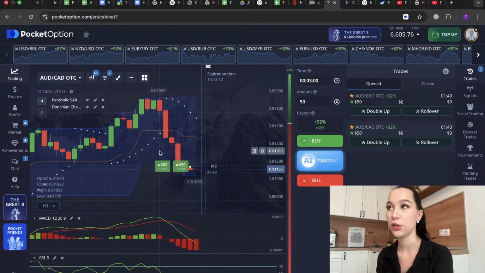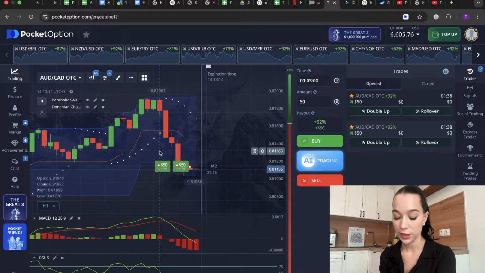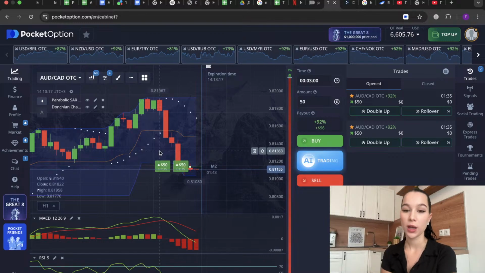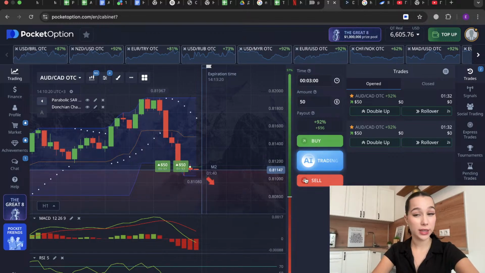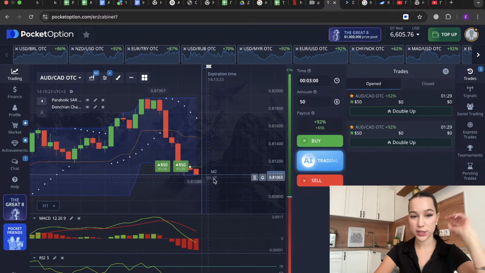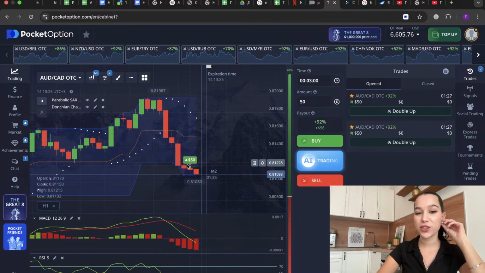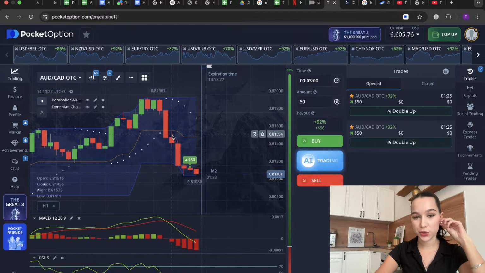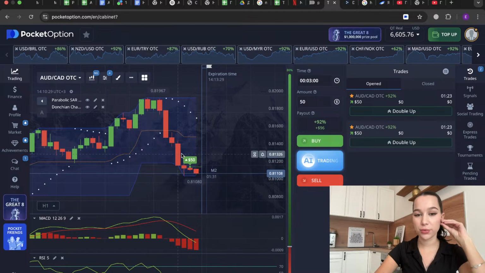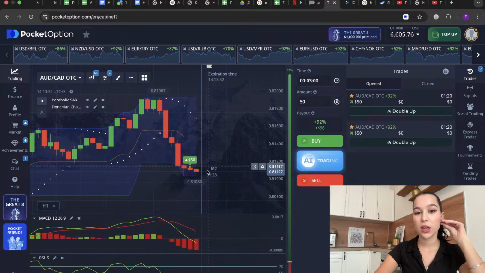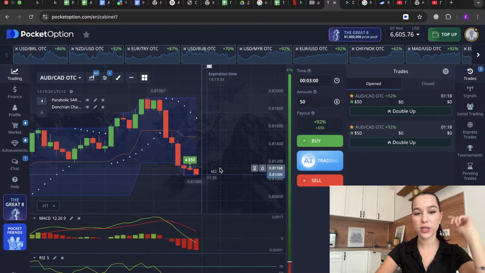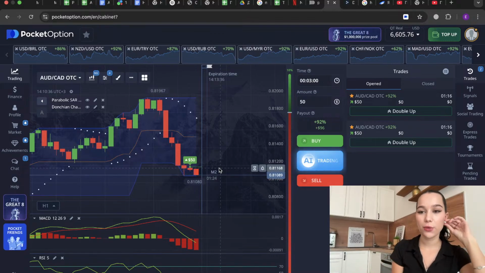If you use it in the wrong way, it will probably make things even worse for you. So now it's 1 minute and 30 seconds. We can see a little bit of fluctuations. Okay, it's a kind of tricky chart, as we can see the downward trend continued here. If we had a little bit more time on the previous trade, we would have closed that in a plus. But now, let's see.